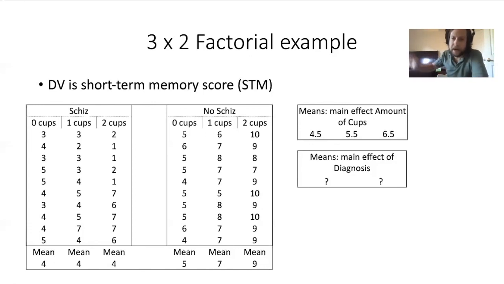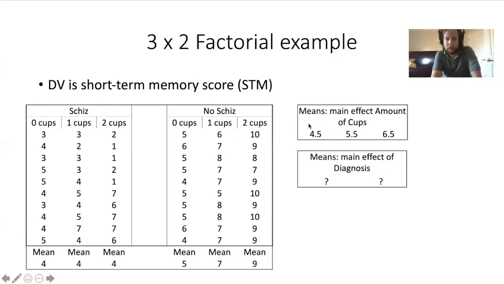So we ignore the diagnosis factor. All we're doing is comparing the mean scores of people who drank 0 cups compared to 1 cup to 2 cups. We combine the schizophrenia and no schizophrenia people, and don't differentiate between them. We just care about whether they drink 0 cups, 1 cup, or 2 cups of coffee, and that's it.